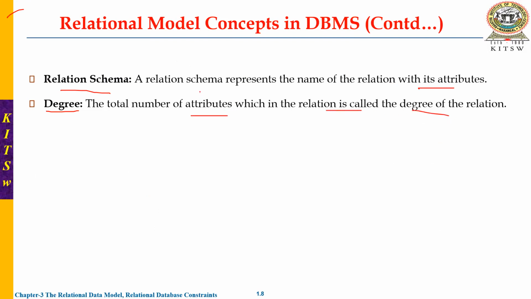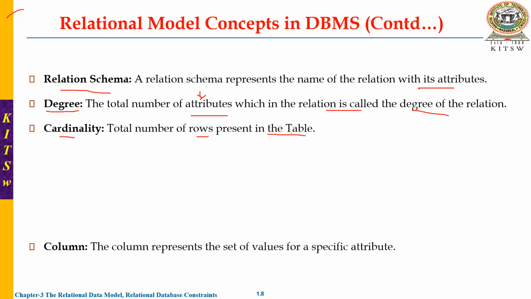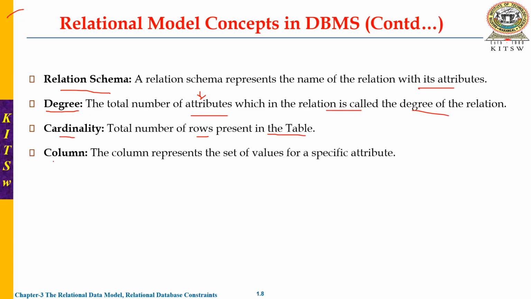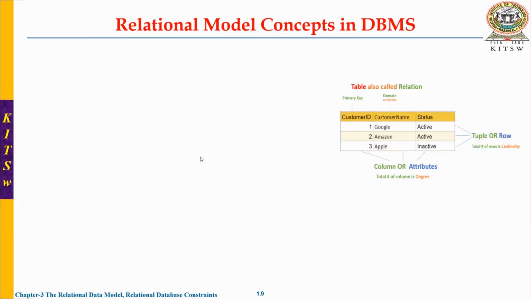If there are 5 columns, the degree of the relation is 5. Cardinality is the total number of rows present in the table. The column represents the set of values for a specific attribute.